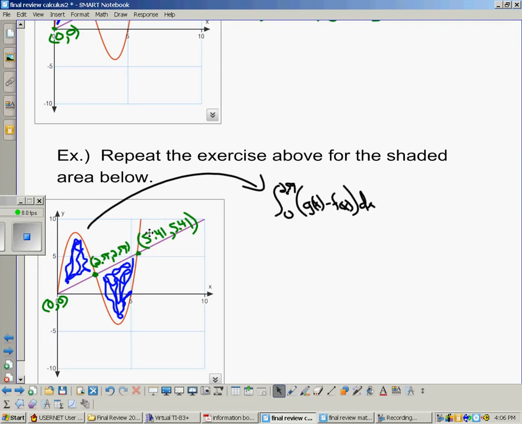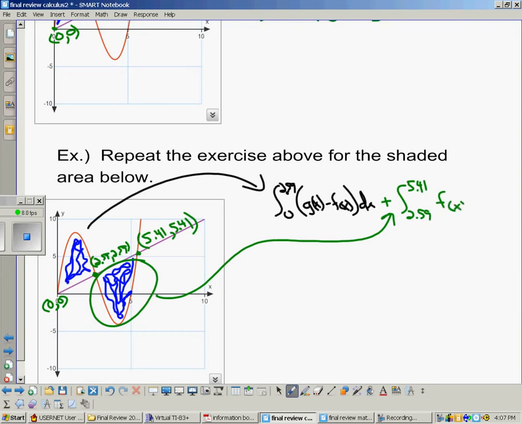Now the next part, this part over here, changes things up a little bit. We're going to have to add on the integral here from 2.59 to 5.41. But in this case, the line is on top. The f(x) is on top. So I have to reflect that in my integral.